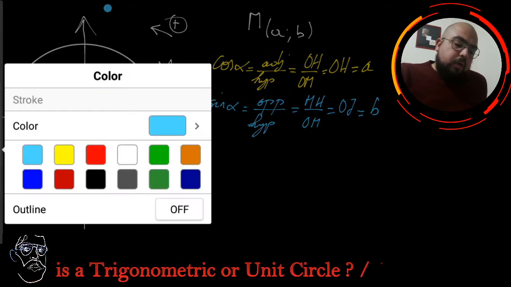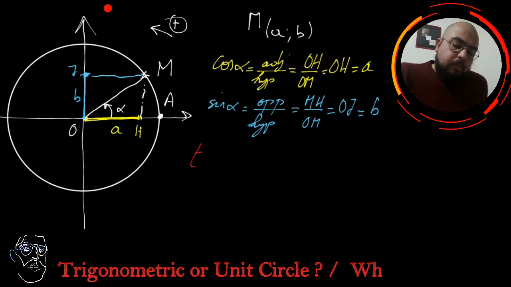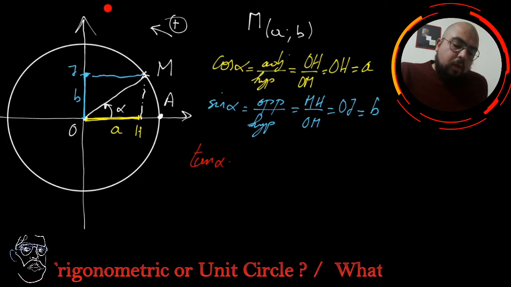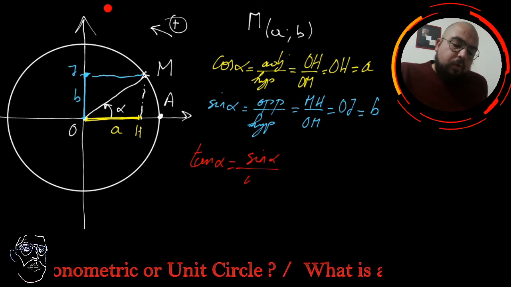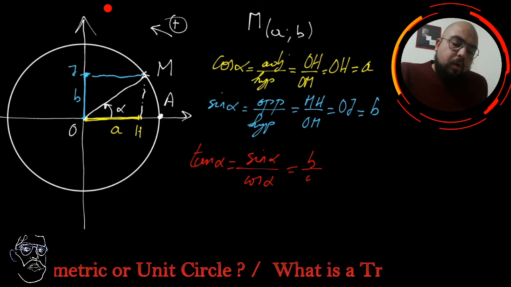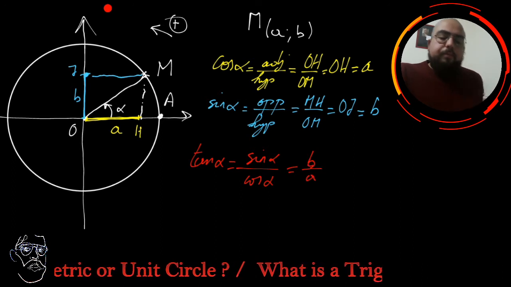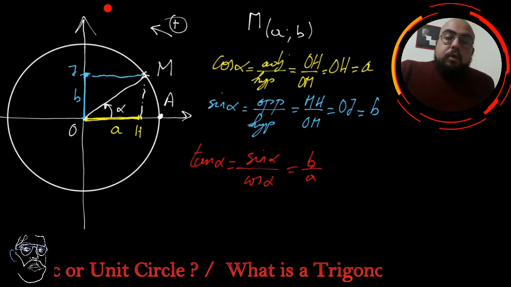In case you want to calculate tangent alpha, it's simply sine alpha over cosine alpha, so it will be B over A, and this is how you calculate tangent alpha.